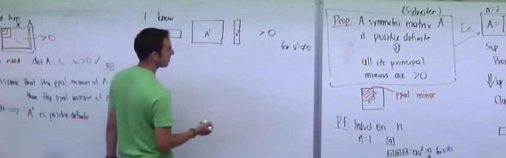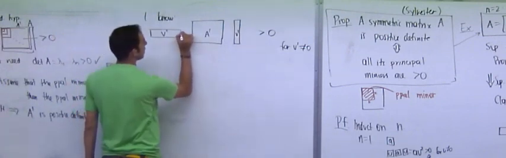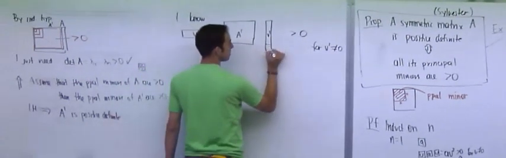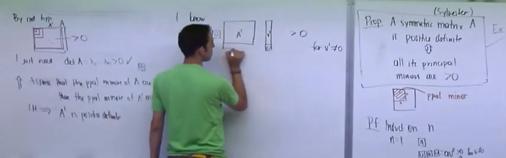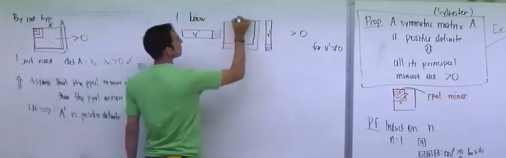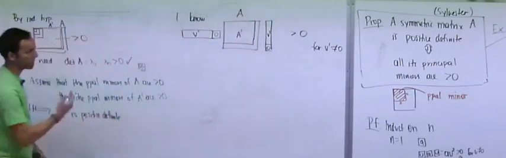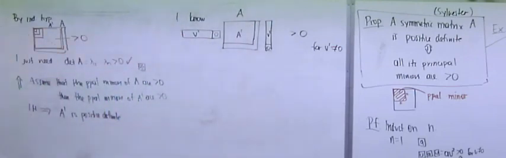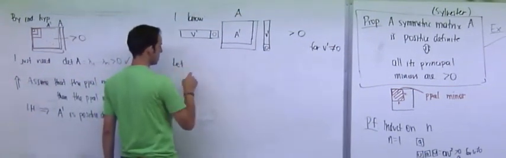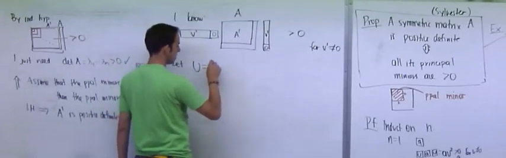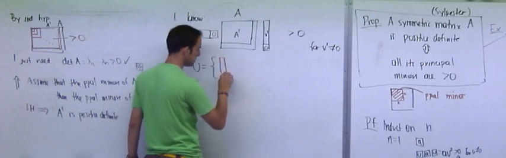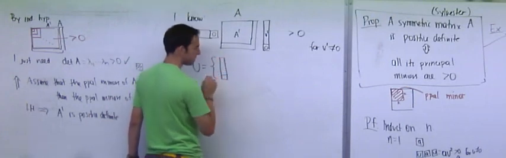Well, I didn't prove it, but it's very easy to prove. That if you add a 0 here, if you add a 0 here, and you add the last row and column of A here, this is the same number, positive. Okay. So let's call U the set of vectors in R^n of the form something, comma, 0.